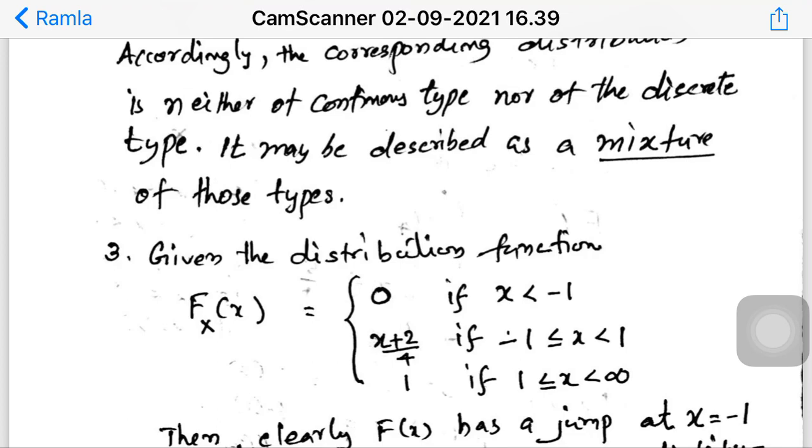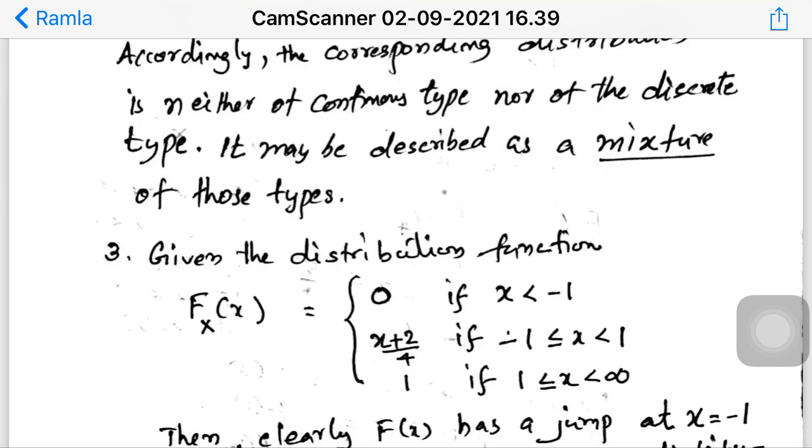So the values are different. That means here there are two discontinuity points, one at minus 1 and the other at 1. From minus infinity to minus 1 it is 0, continuous, but at x equal to minus 1 there is a discontinuity, it undergoes a jump.